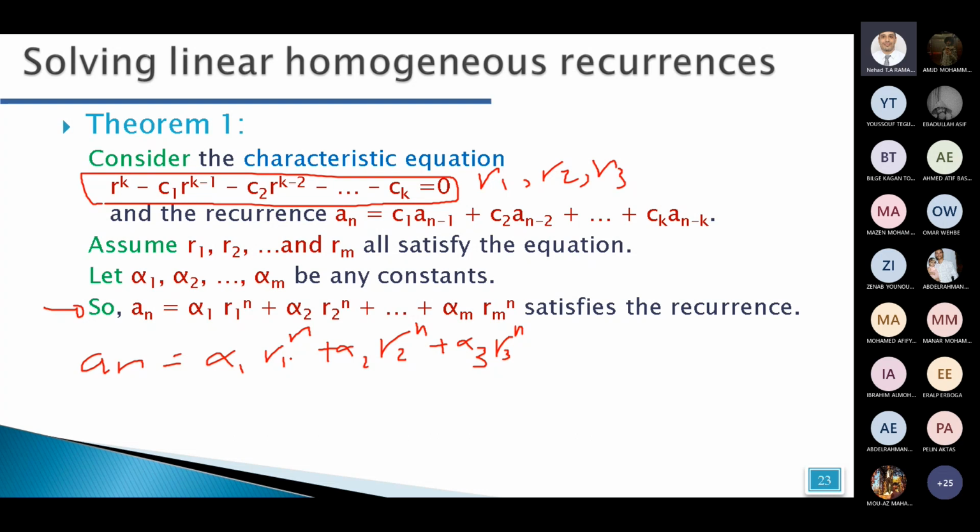So two solutions until here, three solutions until here, if we have four solutions, we continue, and so on.